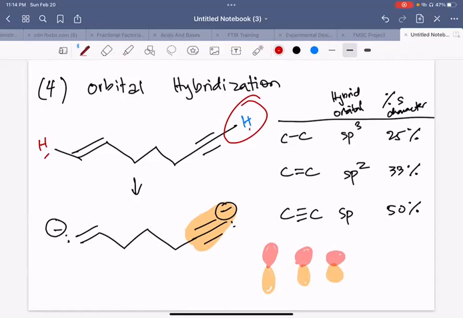It releases the blue proton more easily because the electrons are held more tightly, stabilized by the protons in the nucleus, and readily attracted towards the nucleus of the atom, compared to the double bond, which only has 33% S character.